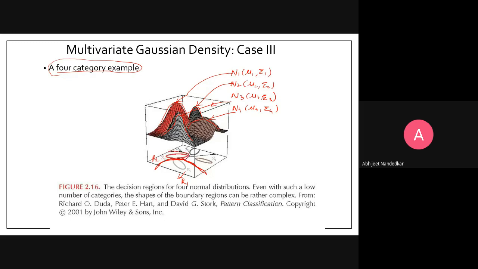So this is class 2, this may be class 3, this may be class 4. Different regions are formed due to this intersection and implementation of the Bayes rule.